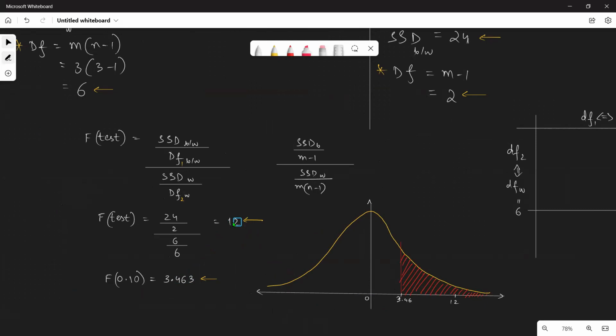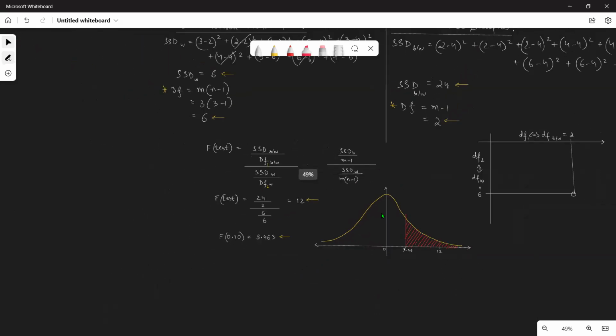From this bell-shaped curve, we can find that the value of H0 lies inside the rejection region, and that is why you cannot accept the claim of the schools. Got it. Understood. Thank you, Ashish.